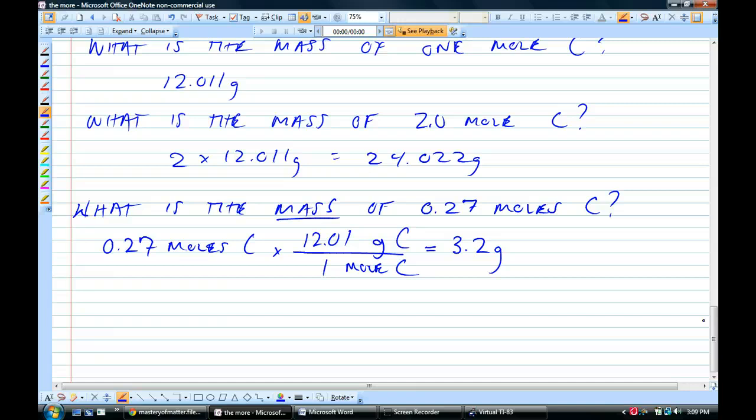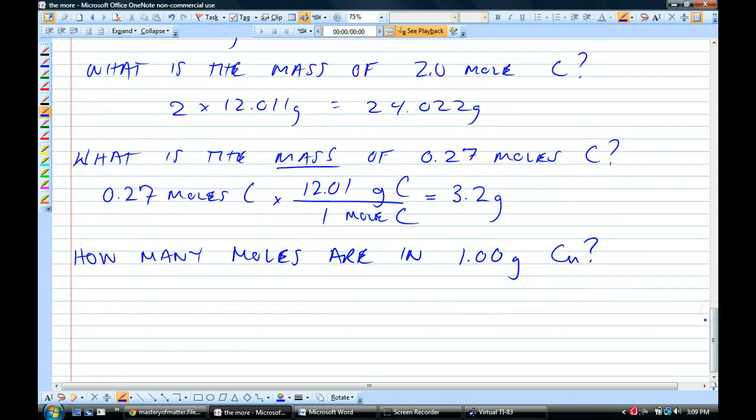See how that works? And we can go backwards here. How many moles are in, let's say 1.00 grams of copper? So let's say I have a gram of copper. How many moles is that? Works just like this.